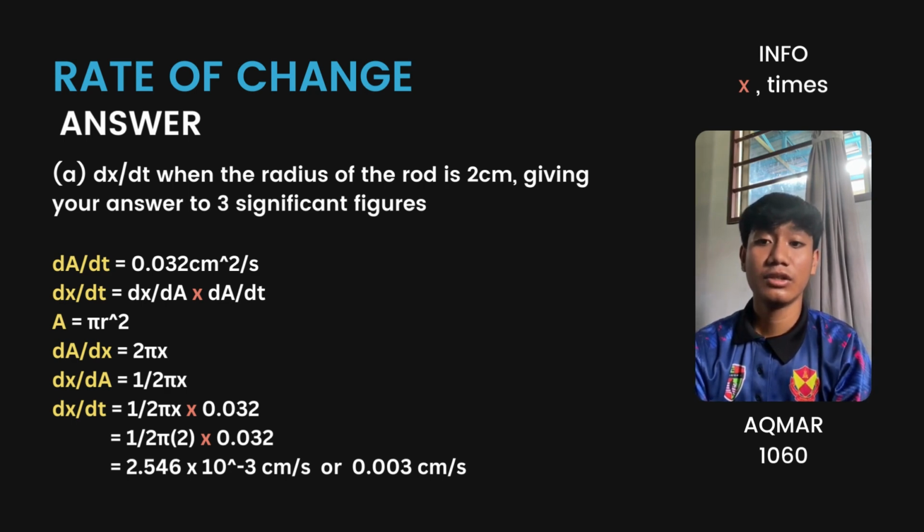And then the final answer is 2.546 times 10 power negative 3 cm per second, or 0.003 cm per second.